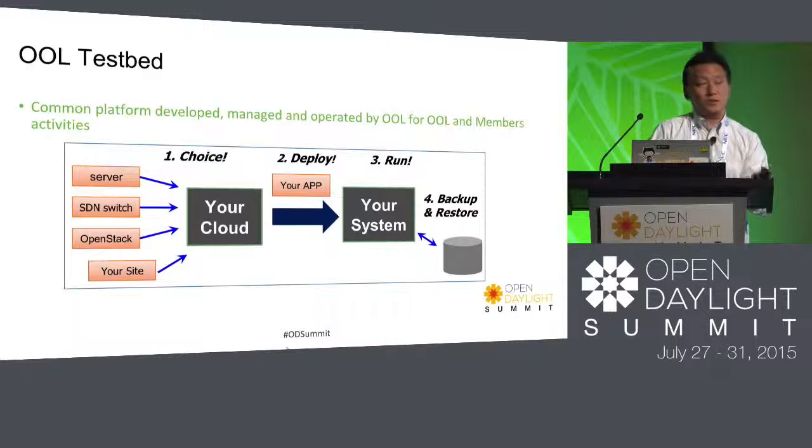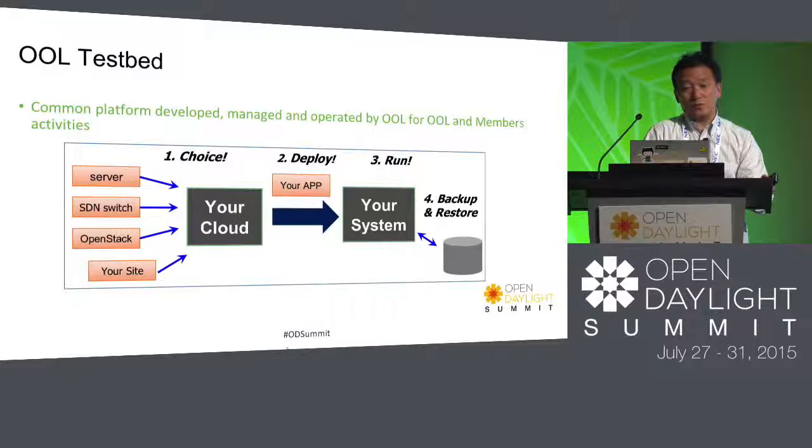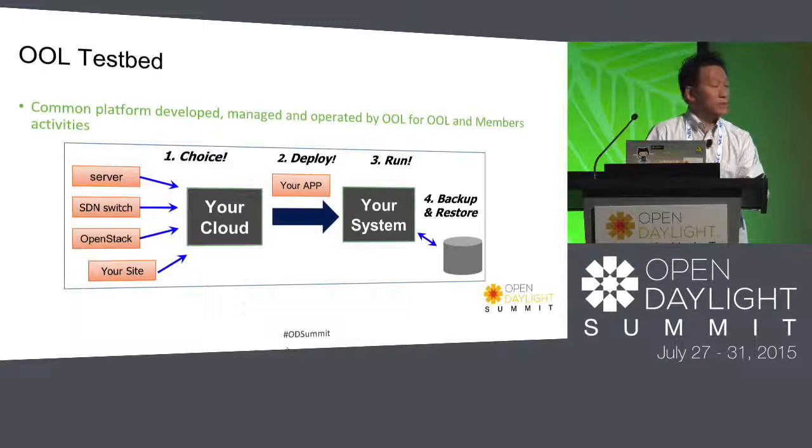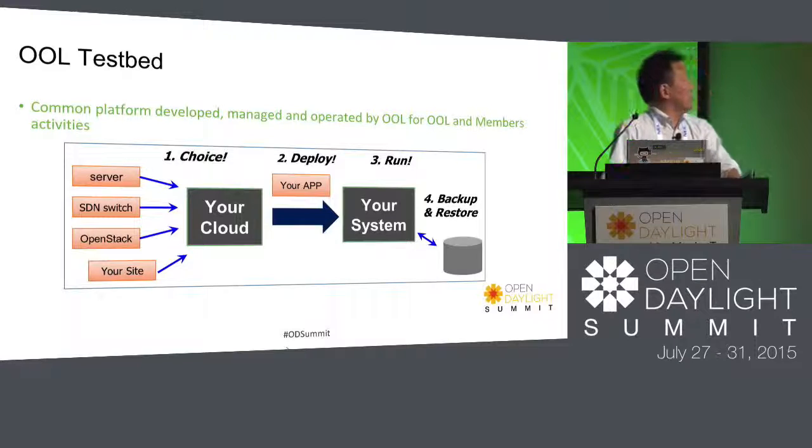We are developing a test bed for many activities on SDN and cloud. That is our test bed concept. A unique feature of our test bed is that users can use bare metal resources such as bare metal servers and bare metal switches.